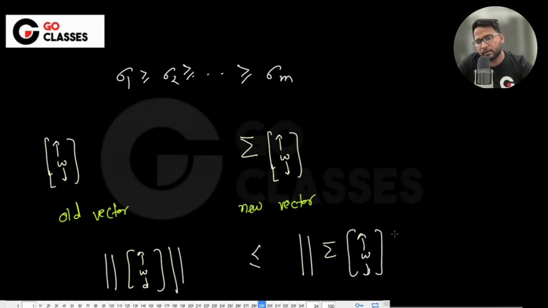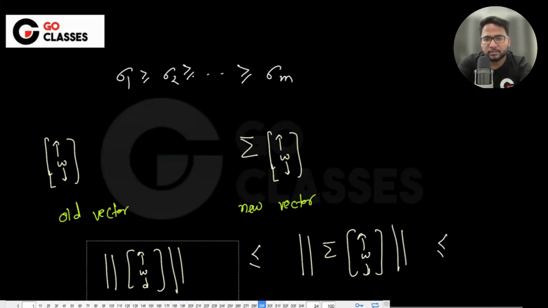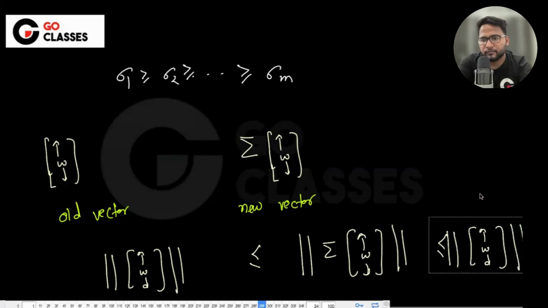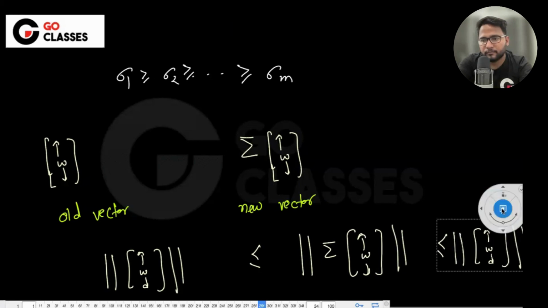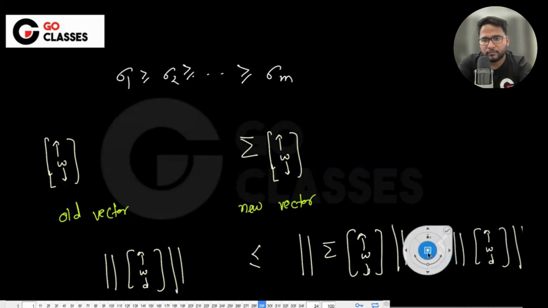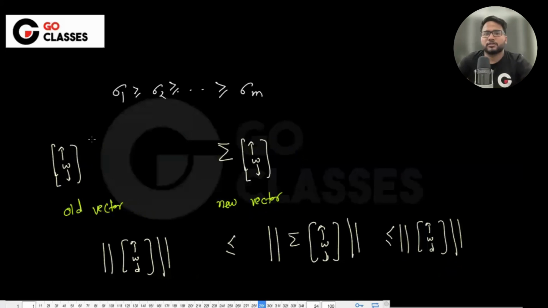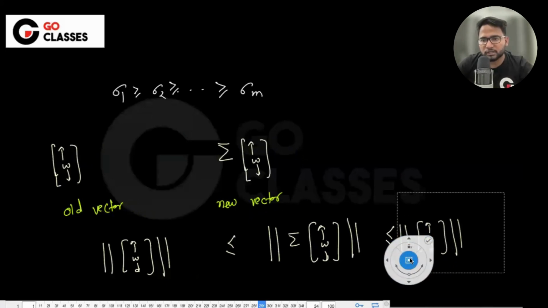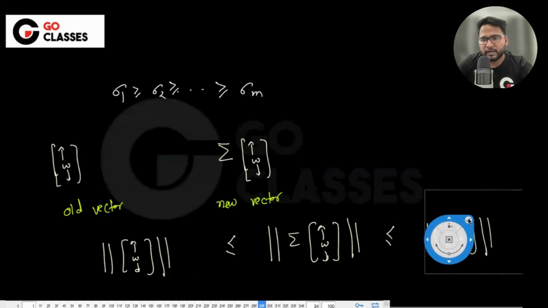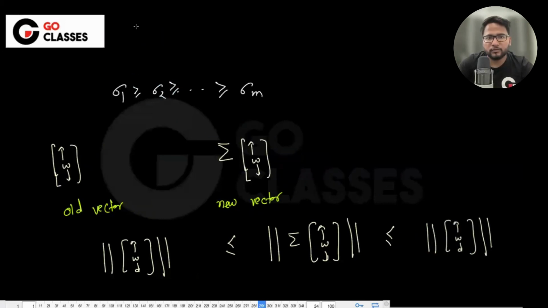Let me just write it, and then I will ask you how many of you agree with that. So basically, is this font okay or is this very less? You can see, right? Let me know.